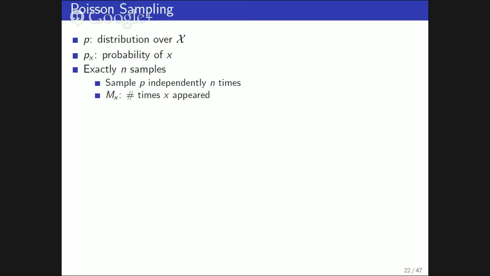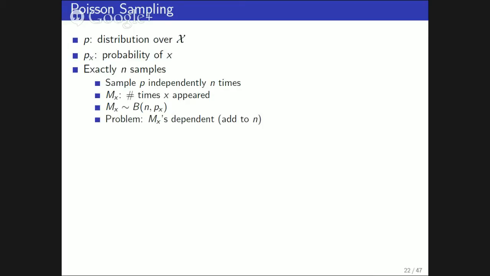So this is just the number of times x appeared. And it's easy to see that mx is distributed binomial with parameters n and px, right? Let's say heads has probability of heads, and you took n samples, it will be binomial with n samples and the probability of heads.